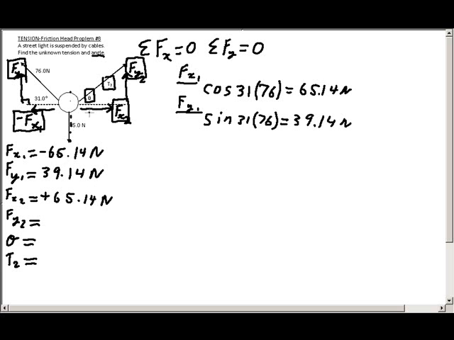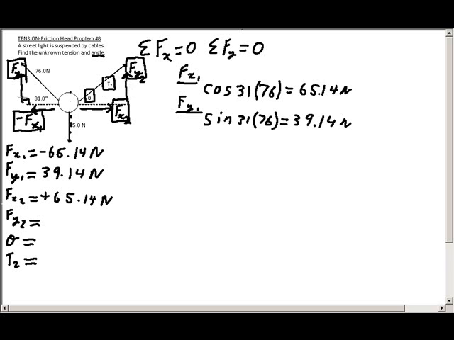By knowing that, we can now solve for the next idea, which is that the force going up has to balance the force coming down.